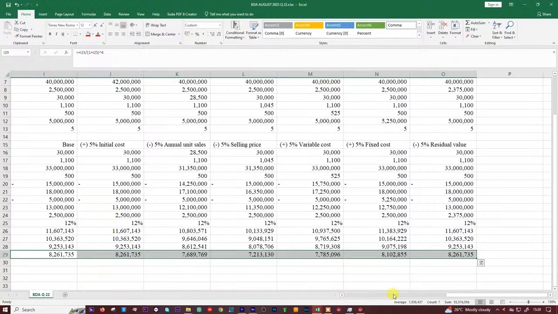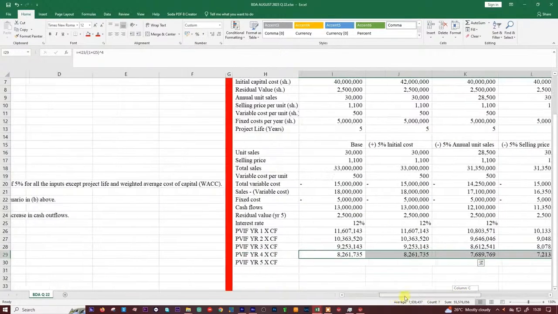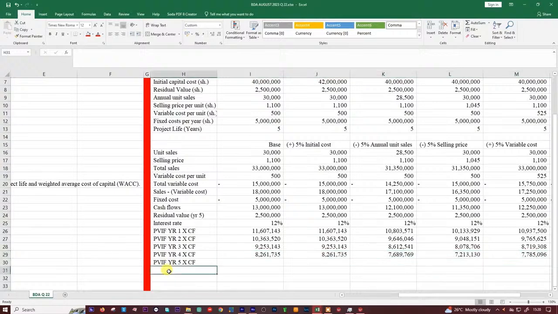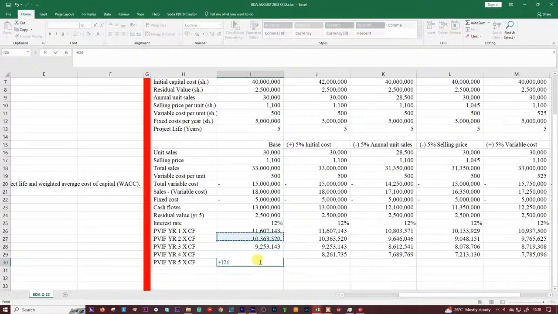Then finally we have power 5, but we will also need to work out the residual value right here. So the residual value, then the cash flow is going to be plus that value over 1 plus that, power 5. Enter.